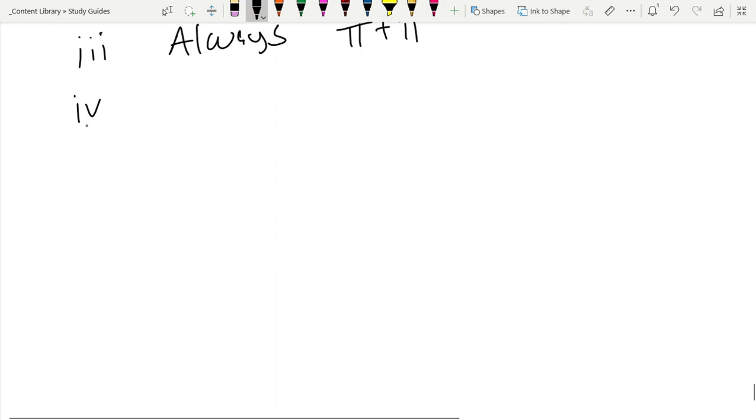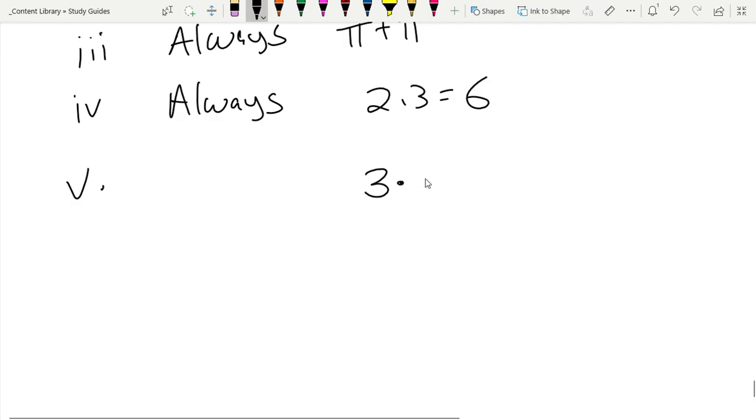Number 4 says the product of rational and rational is rational. Yep, always. 2 times 3 is equal to 6. You can never multiply nice numbers and get the crazy decimal. Number 5, the product of rational and irrational is irrational. Okay, so rational times an irrational. So like 3 times a pi.